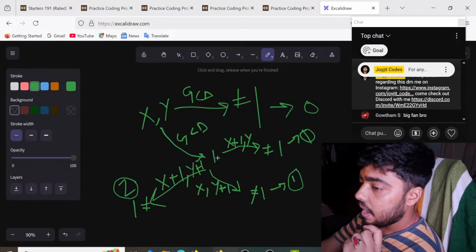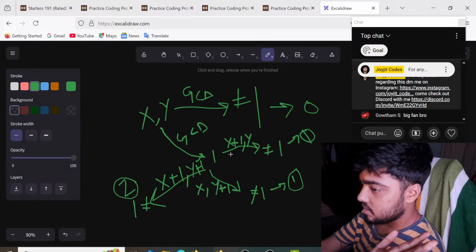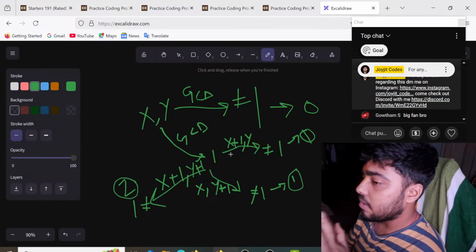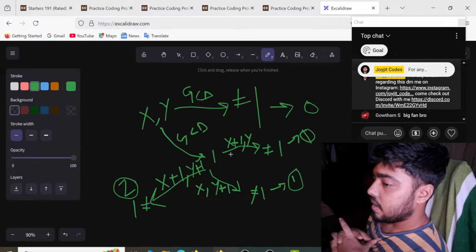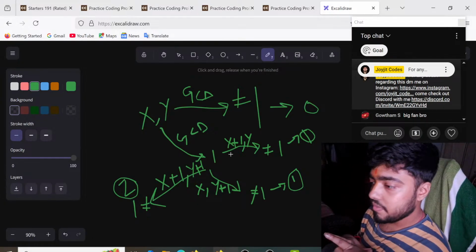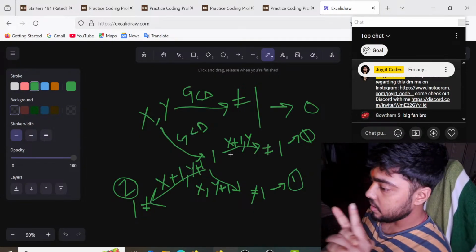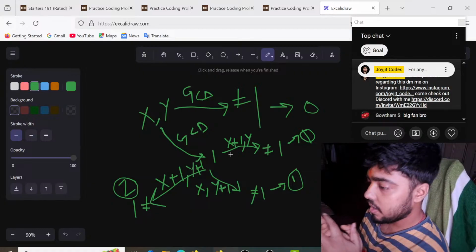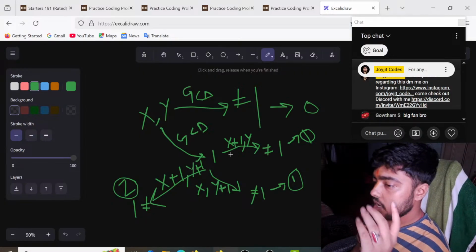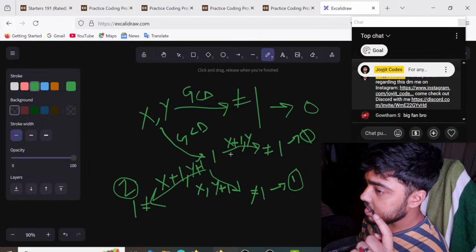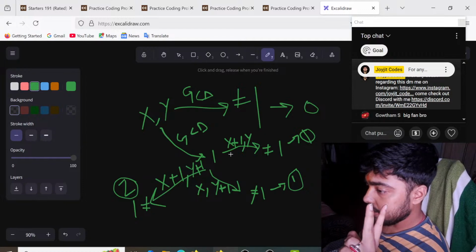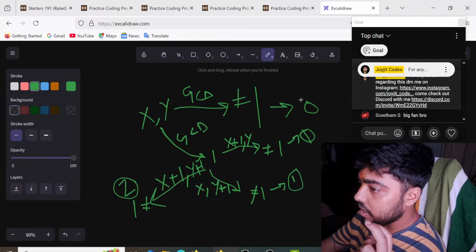There is no other condition that will be coming from here, because either x and y both will be even, or both will be odd, or one will be even and the other odd. There are only 4 possible cases. If both of them are even, the GCD is 2.